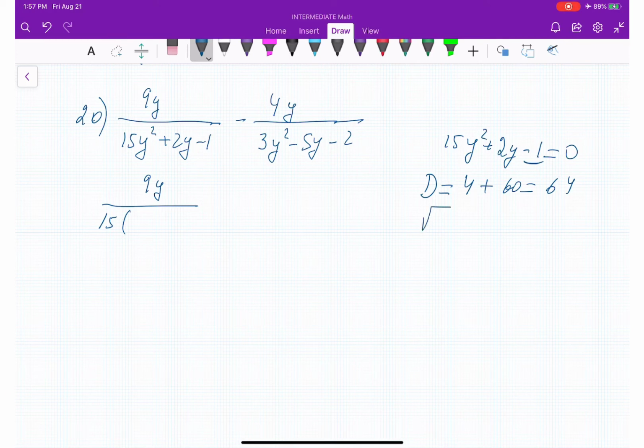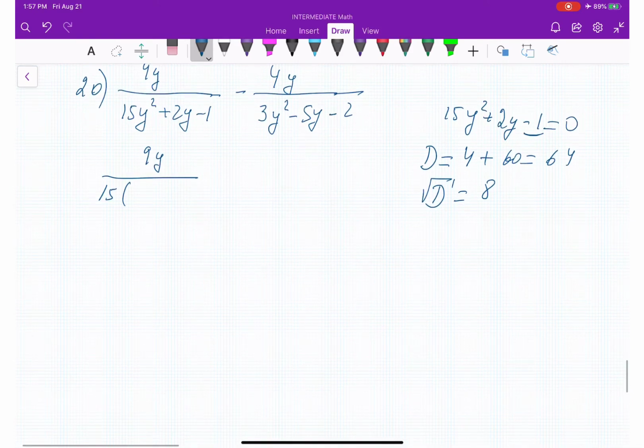So, the square root of D is equal to 8. So x1 is equal to negative b, which is negative 2, plus the square root of the discriminant 8, divided by 2a. 2 times 15 is 30. That is going to be 6 over 30.